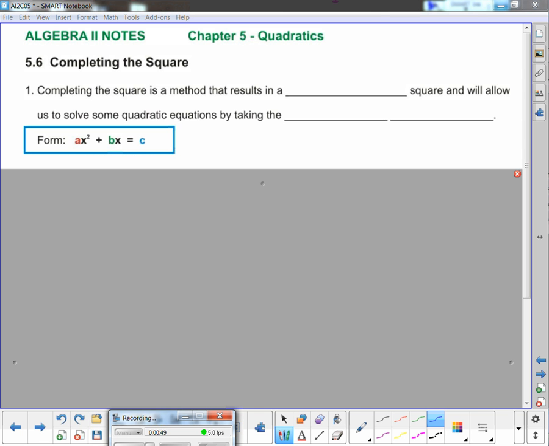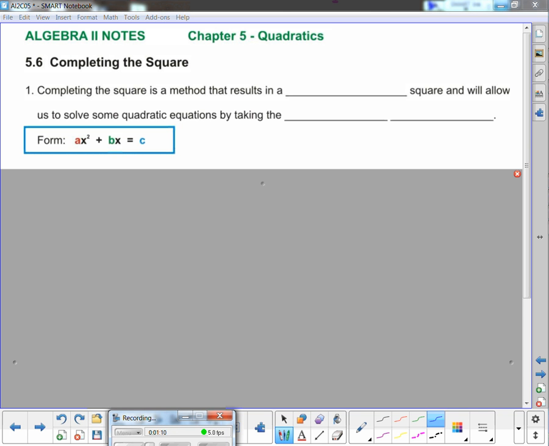Later on down the road, we're going to graph quadratics, and the graphing form for quadratics is the form you get when you complete the square. That's really the better value.